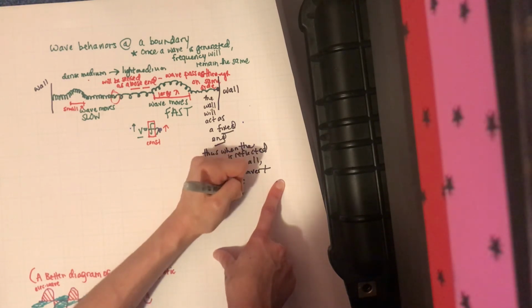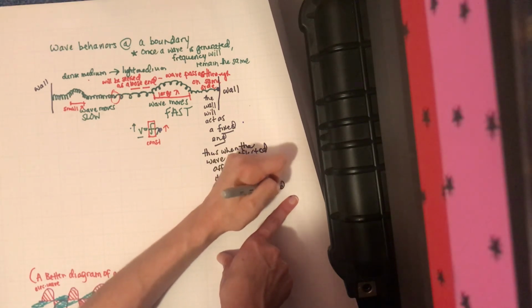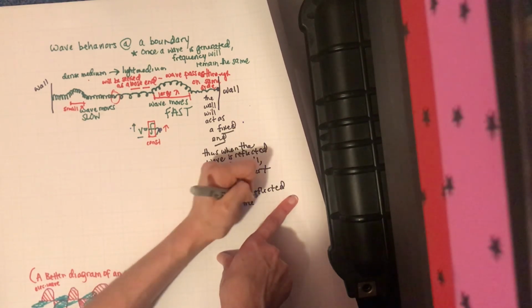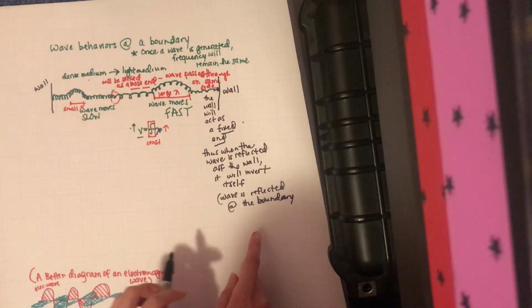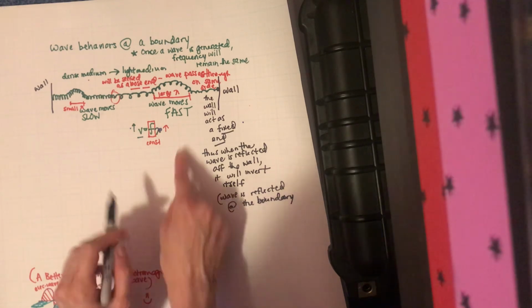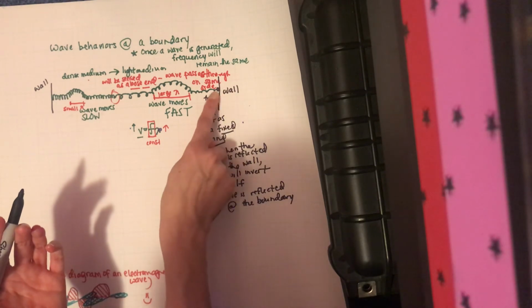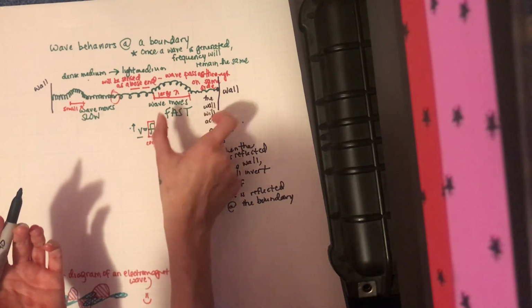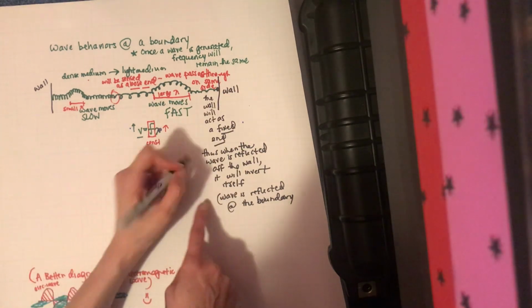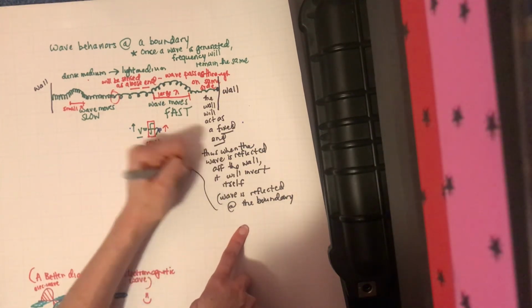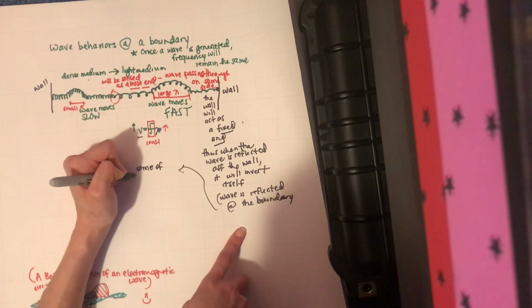In other words, the wave is reflected at the boundary. And once it's reflected, obviously it will have lost some energy at that boundary, meaning the amplitude of the wave, which we said is reflective of how much energy it has, will be smaller. Some of that energy will be lost at the boundary.